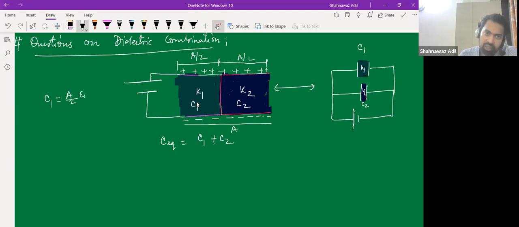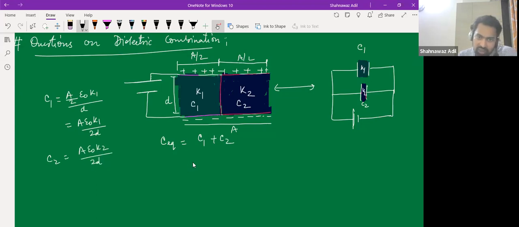So this would be area epsilon naught and K1 by D. D is same. So C1 is A epsilon naught K1 by 2D, and C2 would be similarly A epsilon naught K2 by 2D.